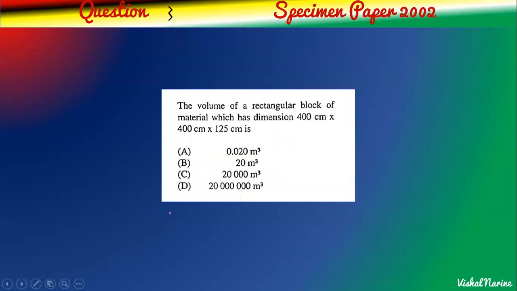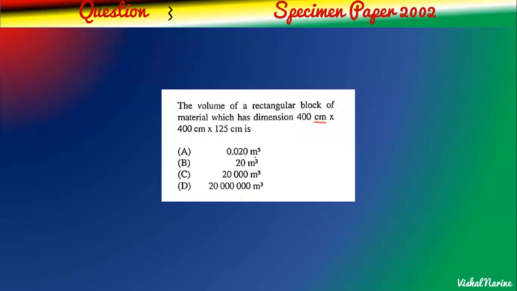Question 3. All right, so I see a lot of persons are responding that it is D. However, note that the unit here is centimeters and the unit expressed in the answer is meter cube.